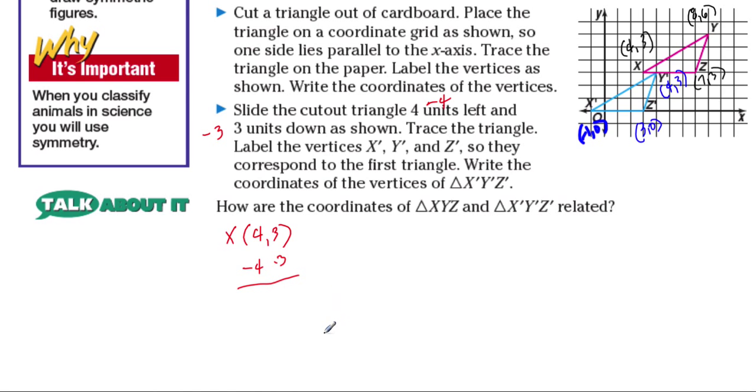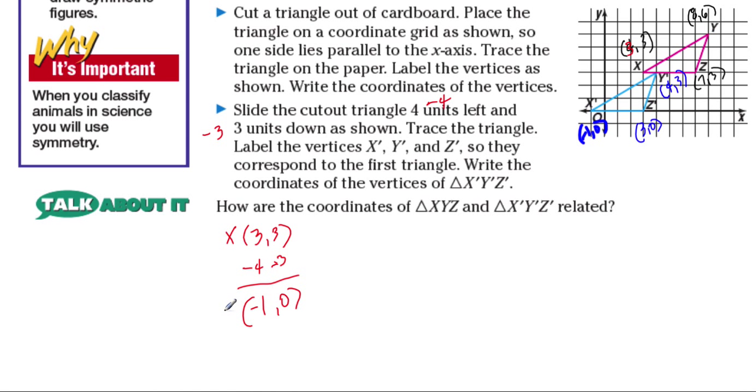Sorry, my x is actually 3, 3, that's only 3 units, so that's my bad. Let me replace that with 3, 3. So when we moved it 4 units to the left, we subtracted 4, and 3 units down, we subtracted 3. 3 minus 4 is negative 1, and 3 minus 3 gives you 0.